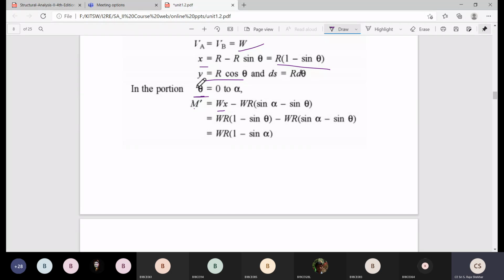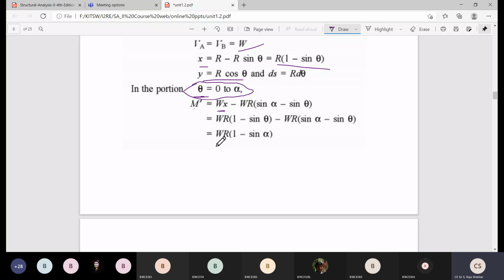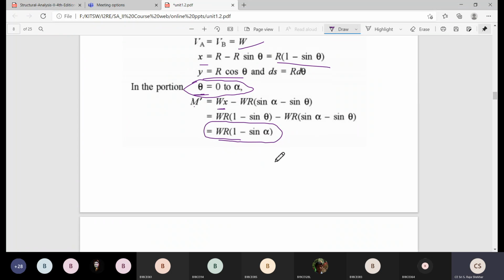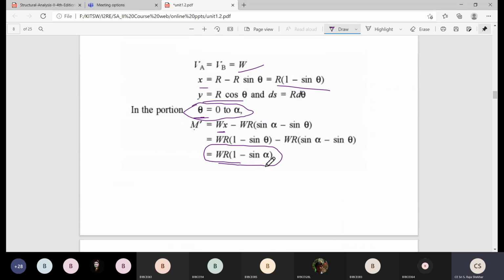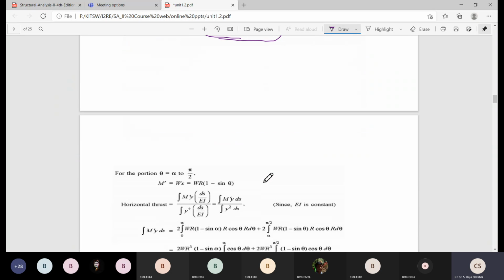Because we are considering theta from 0 to alpha, finally we get the moment at x is equal to WR into 1 minus sin alpha. So this is M dash, the moment at point x.